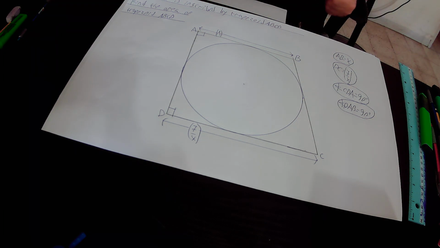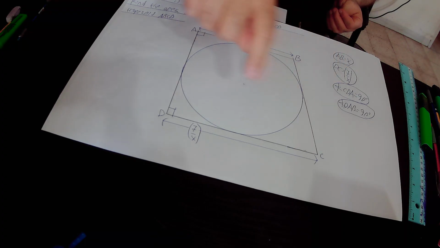First of all, we will define the points of tangency of this trapezoid ABCD with this circle with letters.